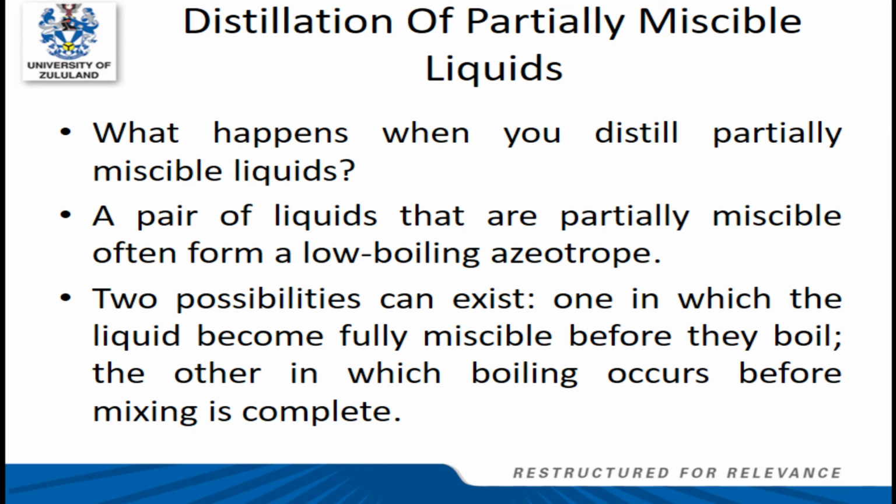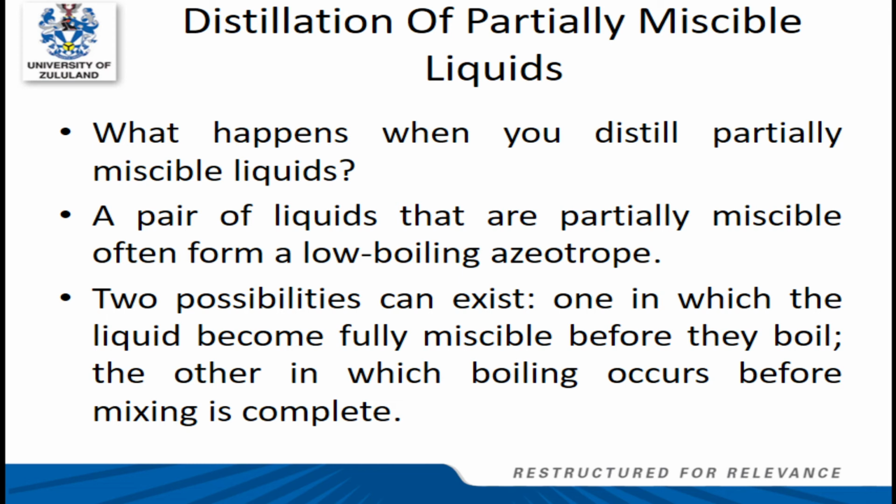Okay, let's move to the next topic. So let's talk about the distillation of partially miscible liquids. The question that we can ask is, what happens when we distill partially miscible liquids? Normally, a pair of liquids that are partially miscible often form what we call a low boiling azeotrope.